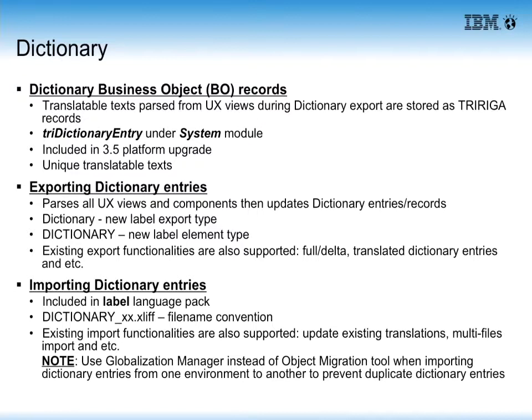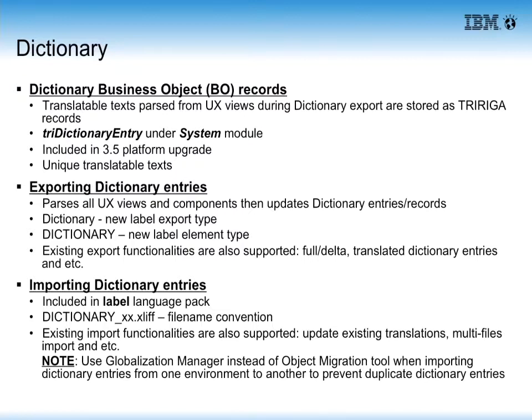Please note that these dictionary records are different from the instance data translation, as we know, because they are not being stored in one record, but rather in separate records. In other words, one dictionary record represents one language. So there will be a record for the base, which is US English, which was created during export, one for Italian, which is generated during import, and another record, say, for French, if you're importing a French dictionary entry.